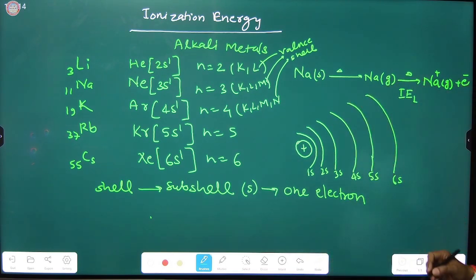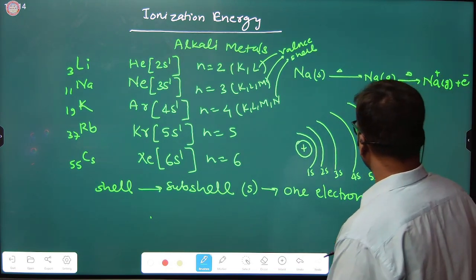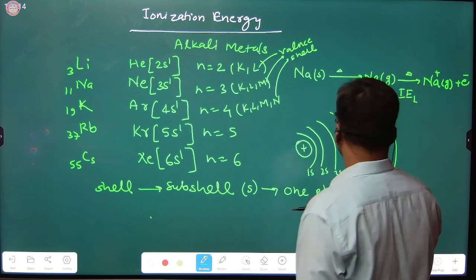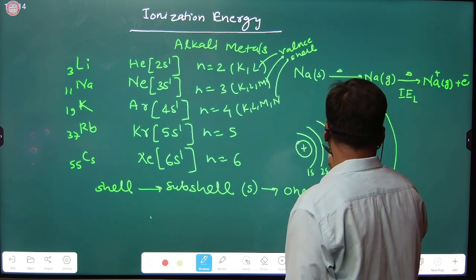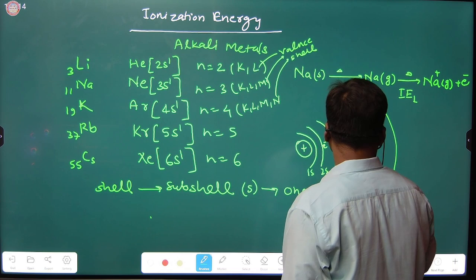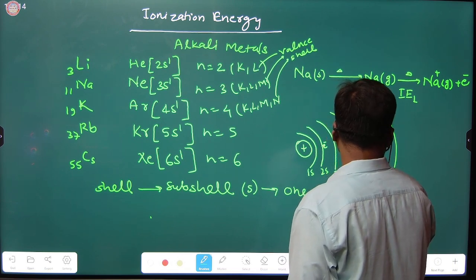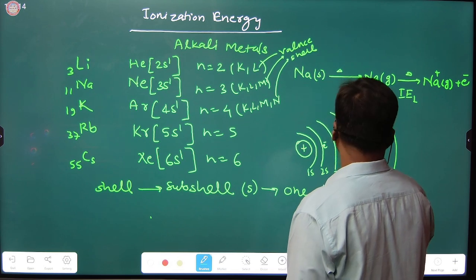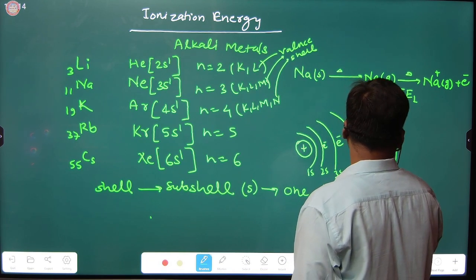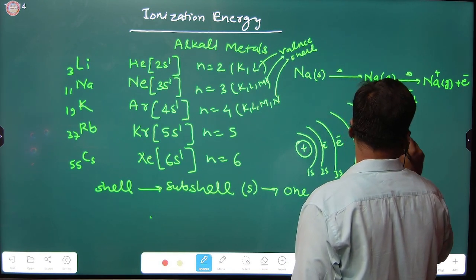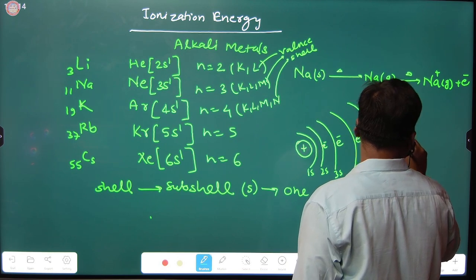Since each s orbital contains one single electron, in lithium the electron is situated here, and similarly for sodium, potassium, rubidium and cesium.